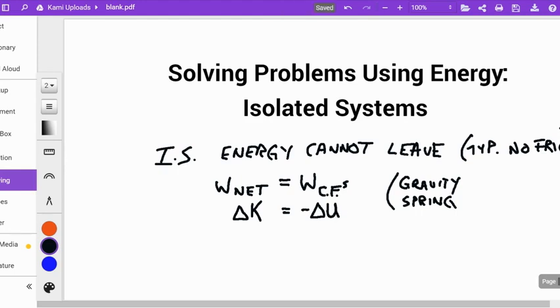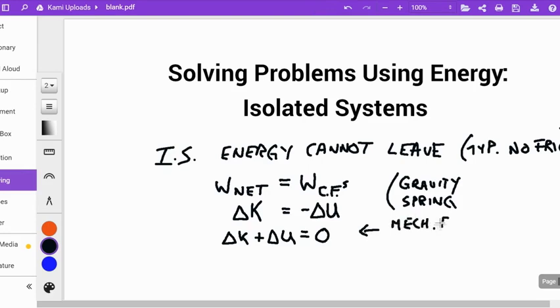And so we're pulling together those two ideas here. I'm going to get these two change terms on the same side, and I can do that by adding delta U like that.